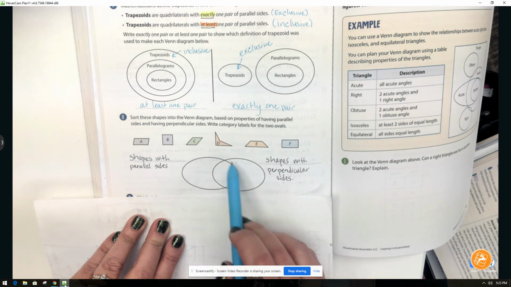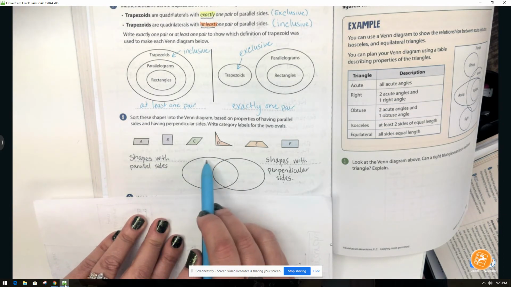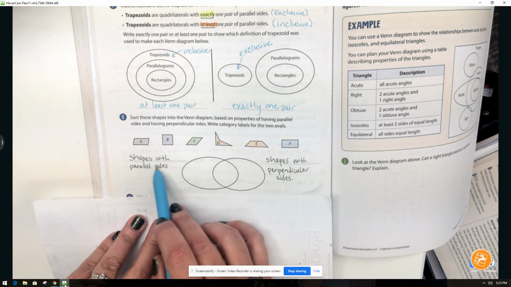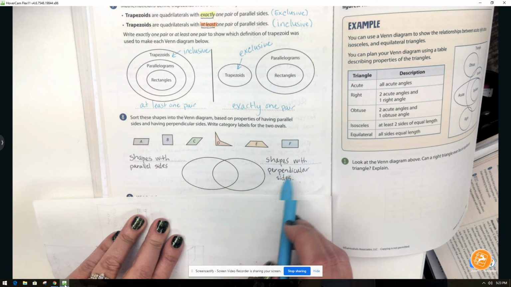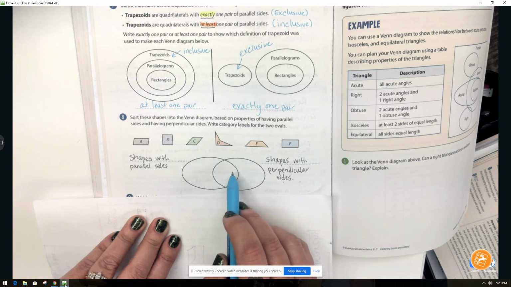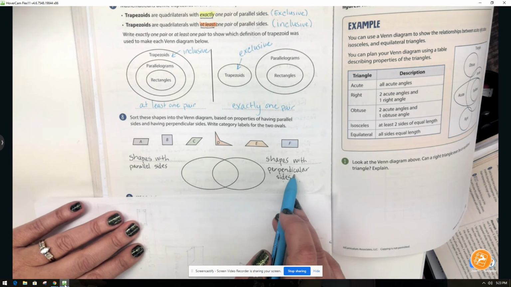Now, outside of this tiny oval is going to be shapes with parallel sides. On this side of this oval are going to be shapes with perpendicular sides, and then in the center are going to be shapes that have both parallel sides and perpendicular sides.